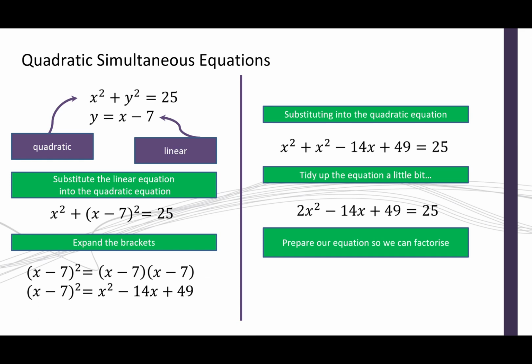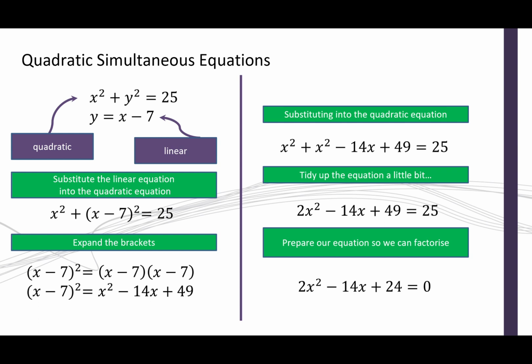That means we bring everything over to the left-hand side of the equation. This leaves us with 2x squared minus 14x plus 49 minus 25 is equal to 0. Adding together our like terms, 49 minus 25 gives us 24. And we're left with the equation 2x squared minus 14x plus 24 is equal to 0.